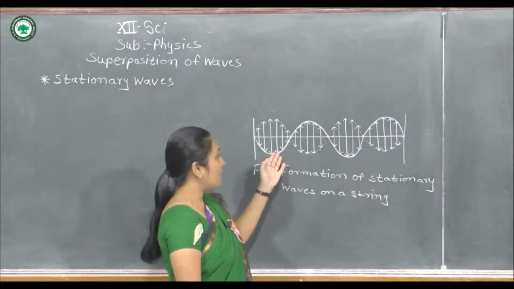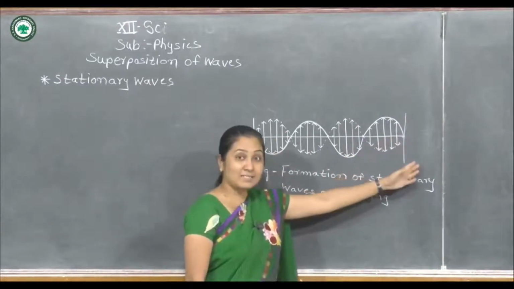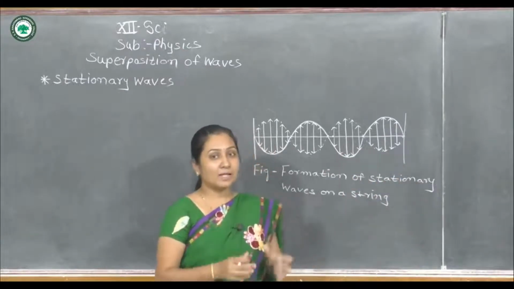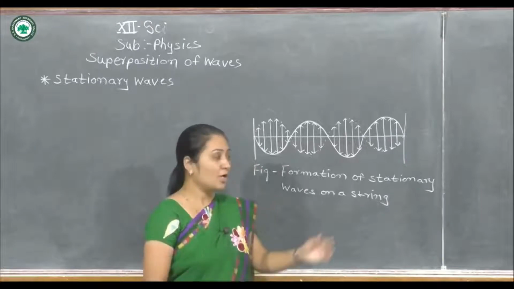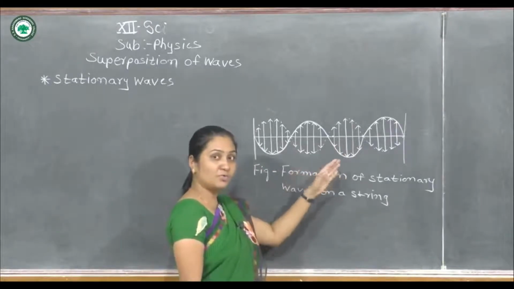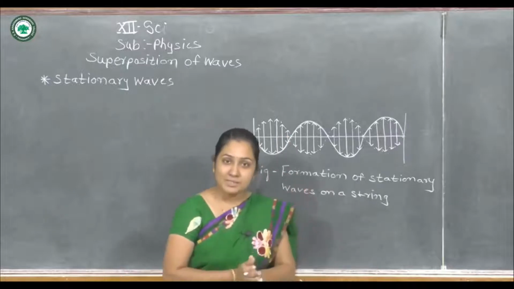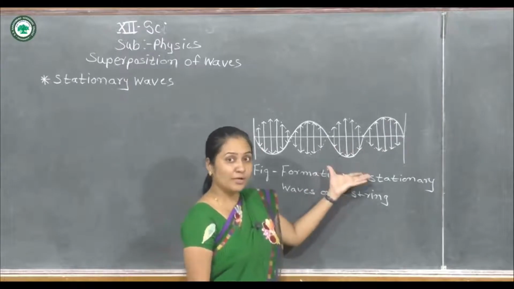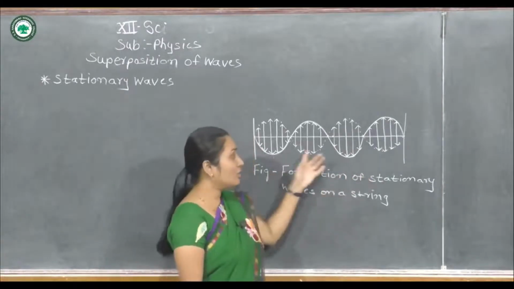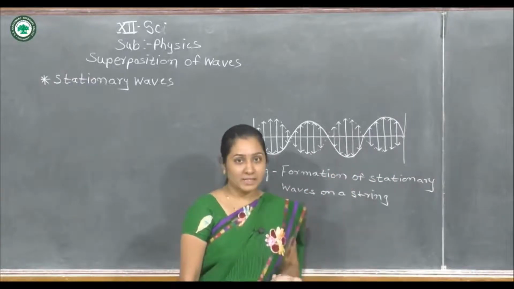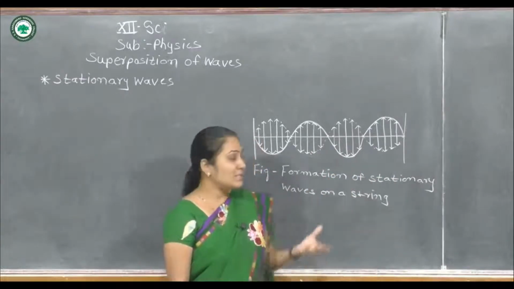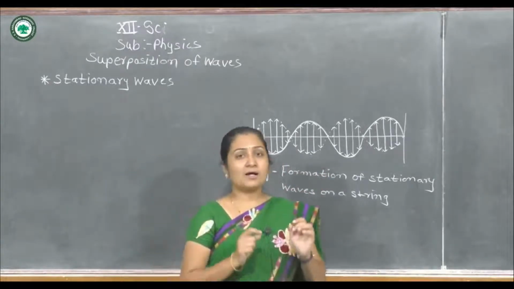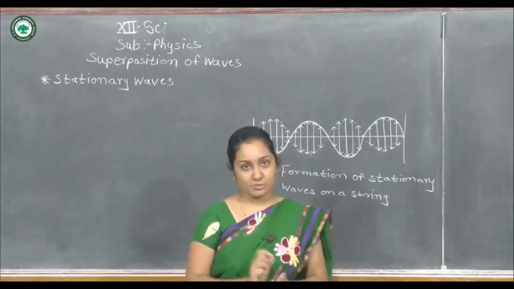One progressive wave is moving towards the right side, that is towards the positive x direction, and the other progressive wave is moving towards the left side or towards the negative x direction. Means if two waves are moving along the same path in opposite directions, then this type of waves are called stationary waves, or they are also called standing waves.